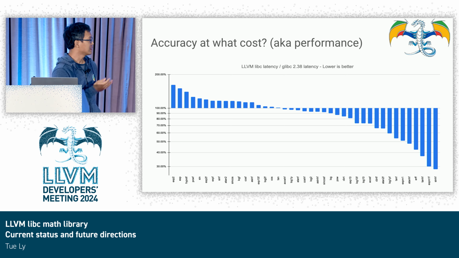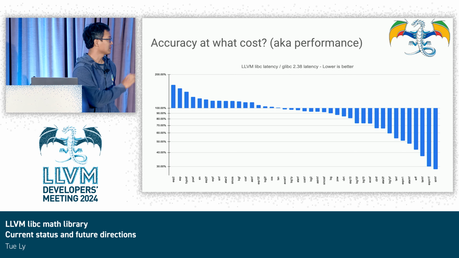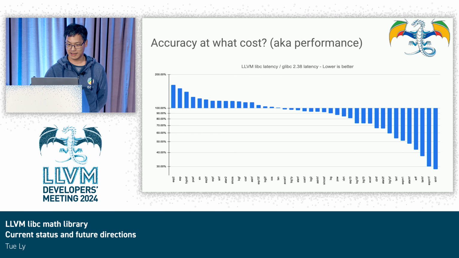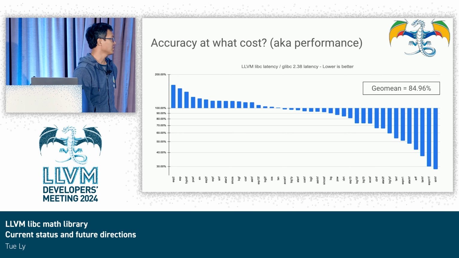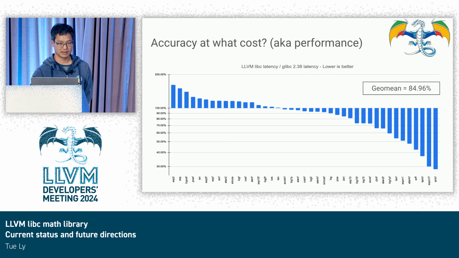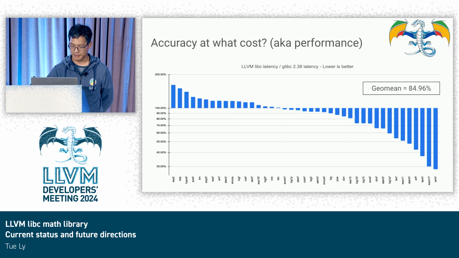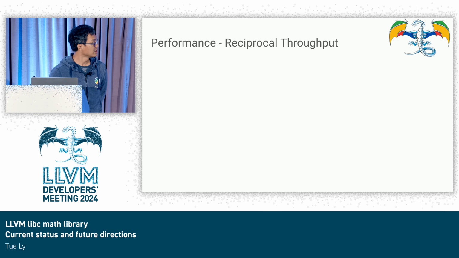As you can see, for some of the functions we are a little bit slower than glibc, but for a lot of them we are actually a lot faster. And this is for the latency. On average, if you take the geometric mean of all of them, we are about 15 or 16% faster than glibc, or lower latency than glibc. What about the throughput?